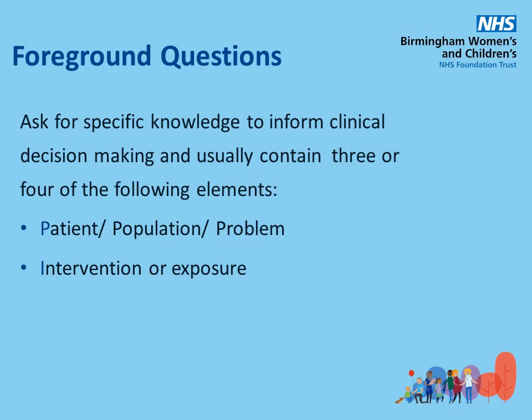An element about the intervention or exposure that we're interested in. In terms of a question about diagnosis, this part of the question would relate to diagnostic tests. An element about a comparison that we're interested in, if necessary, and an element about the outcomes that are of interest to us. You'll obviously recognise here that we are building a PICO question.